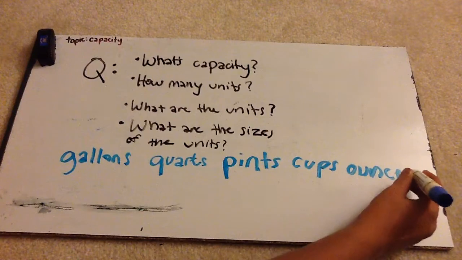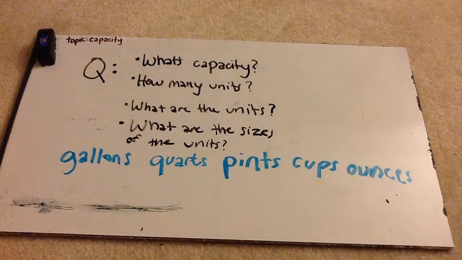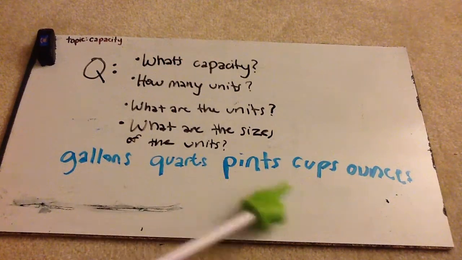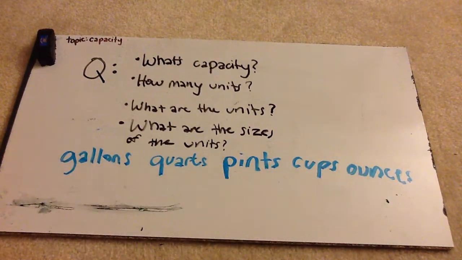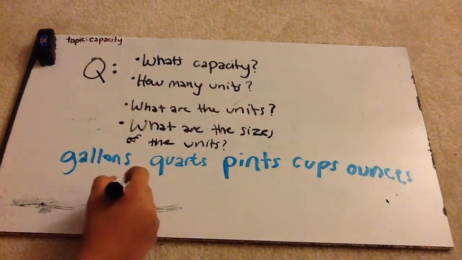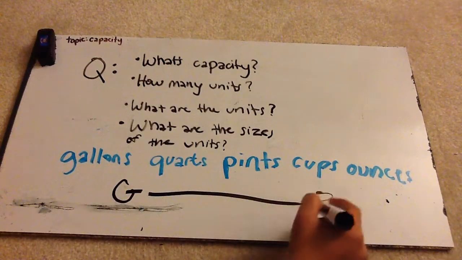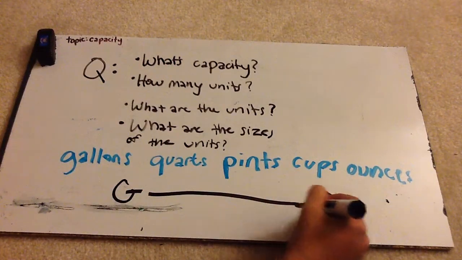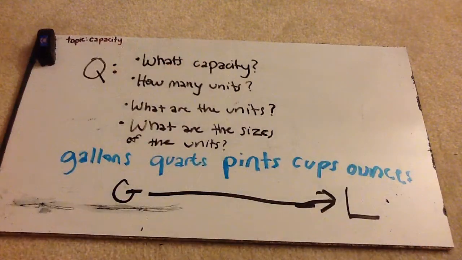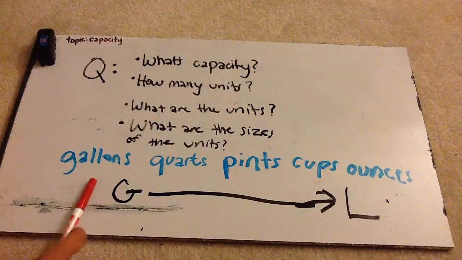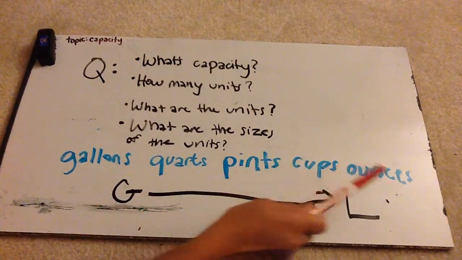These are just the basic ones. There might be other ones, these are just the basics. So gallons, quarts, pints, cups, and ounces. And this is going from greatest, so these are the biggest, to least. Okay, how many are there? There's 1, 2, 3, 4, 5.